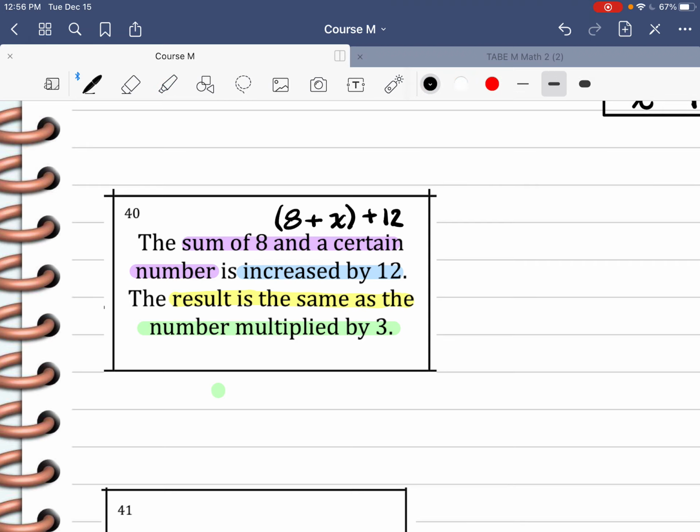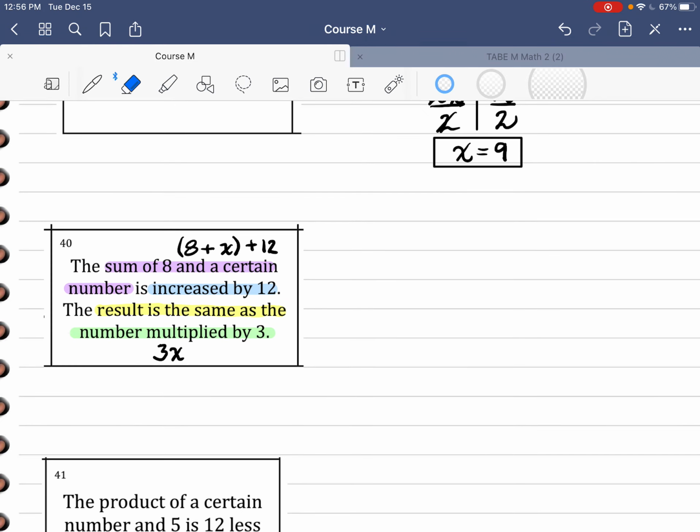The number, which is our x, multiplied by 3. So this is telling me that the sum of 8 and a number is increased by 12, and that is equal to 3x.